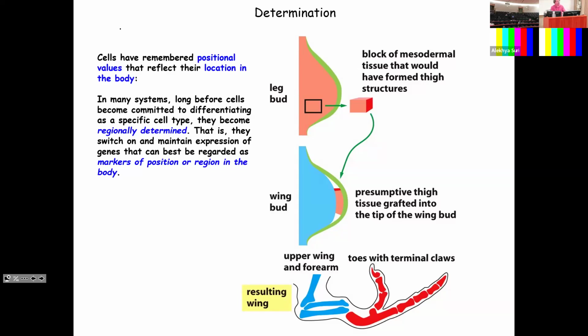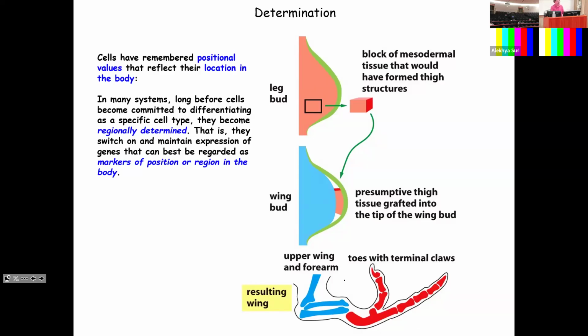And cells have remembered positional values that reflect their location in the body. For example, here, these cells were undifferentiated at this time, but they had all the positional values in which if you transplant this, you will not become a wing, but you will become part of what it was before, which is the leg, okay?